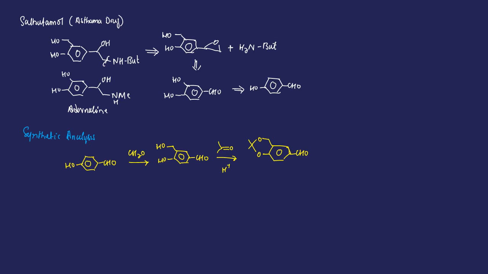Now we add sulfur ylide for transforming the molecule into an epoxide, and finally this epoxide is treated with tertiary-butylamine and acidic hydrolysis for getting to the target material.